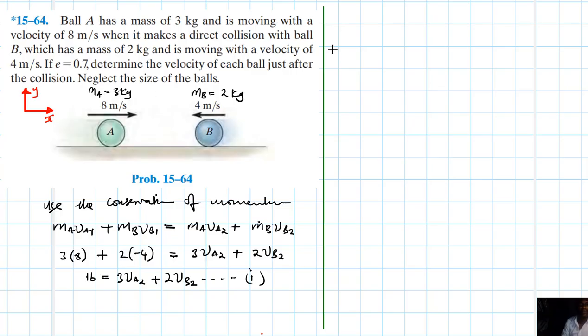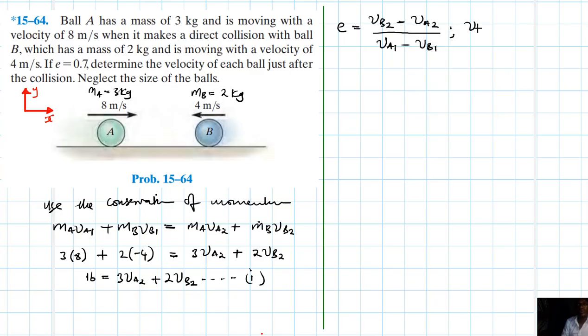Now let's apply the coefficient of restitution. So e here is equal to vB2 minus vA2 over vA1 minus vB1.